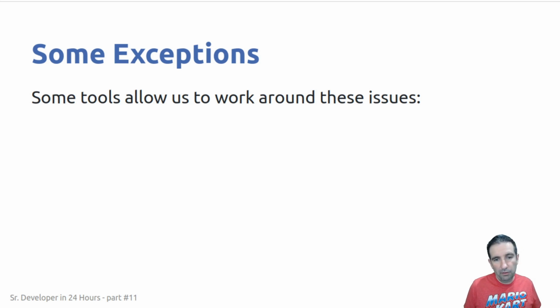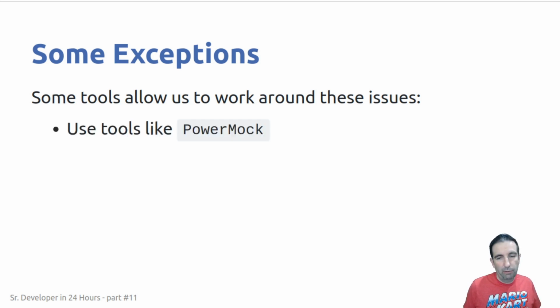Luckily, there are some tools that allow us to work around these issues. For example, if you're in the Java world, PowerMock is a fairly popular tool that allows us to do things like create mocks of final classes. PowerMock basically hooks into the class loader and can modify classes as they're being loaded.